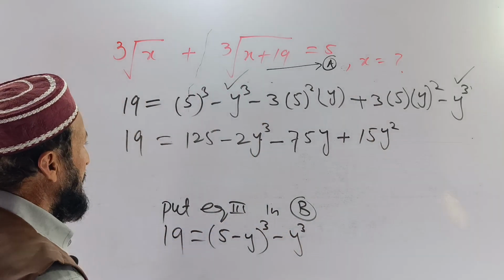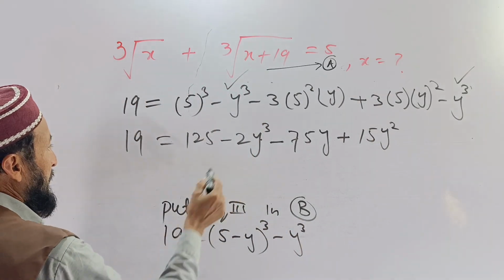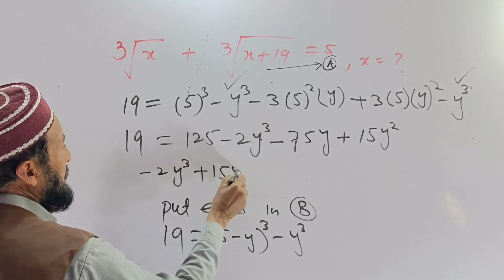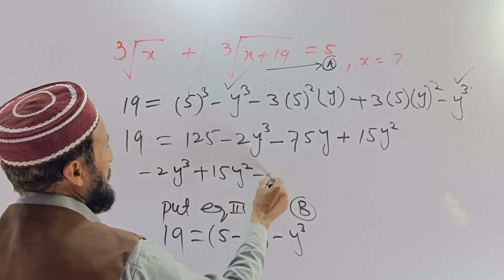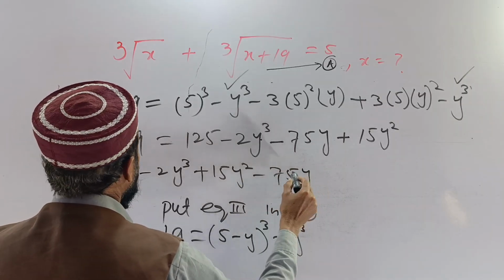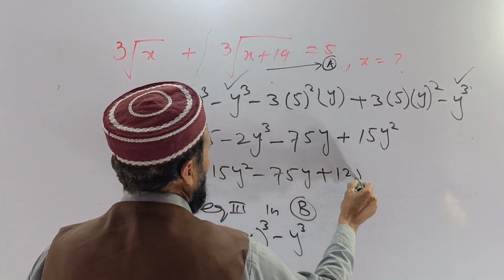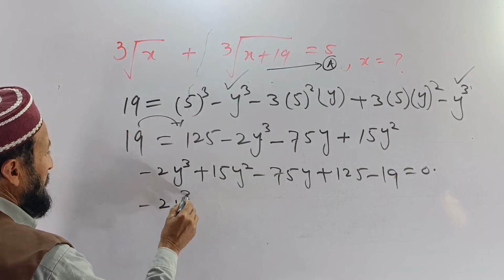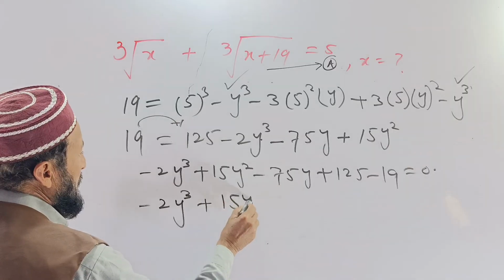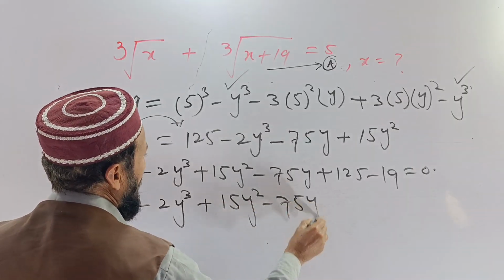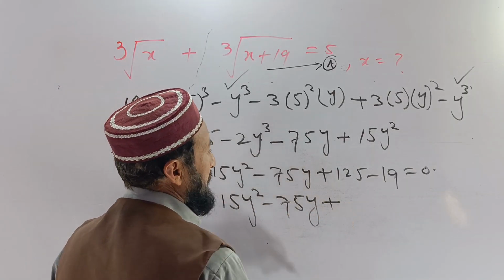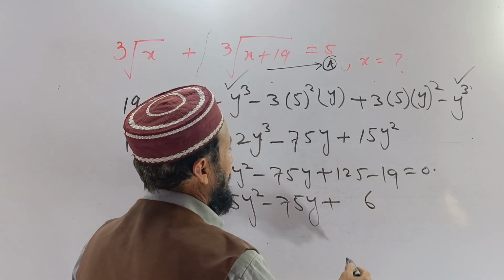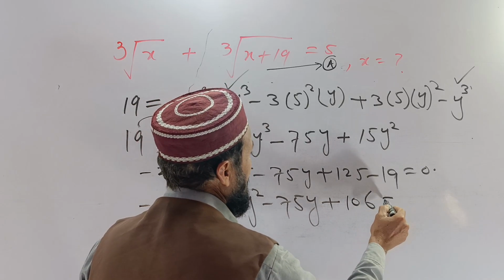Now we arrange the terms according to the cubic equation here. Minus 2y cube plus 15y square minus 75y plus 125 minus 19 is equal to 0. We transfer this result: minus 2y cube plus 15y square minus 75y, and subtracting, we get 106 is equal to 0.